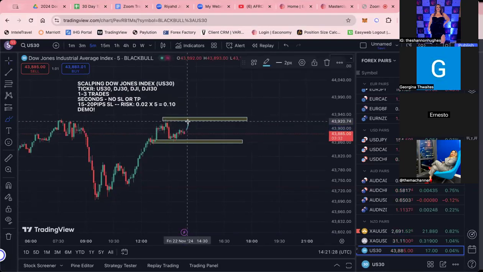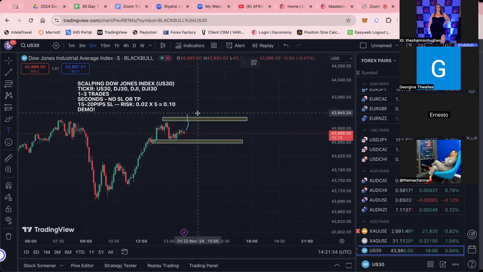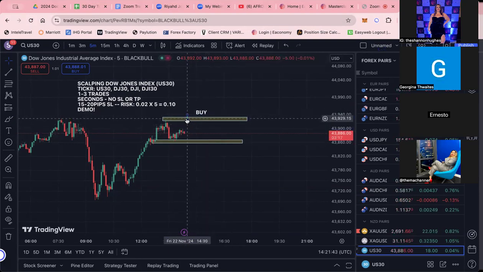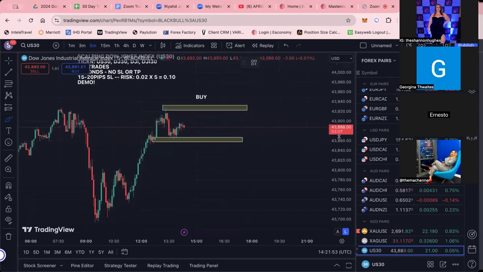If it breaks this rectangle, that area of resistance, he is looking to take a buy. However, what he looks for first is the direction of the candle wicks. Let me zoom this in a bit so you can see it better.